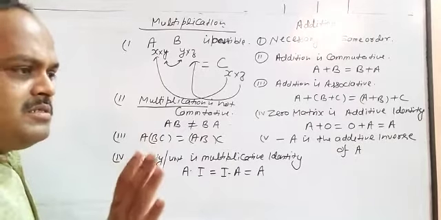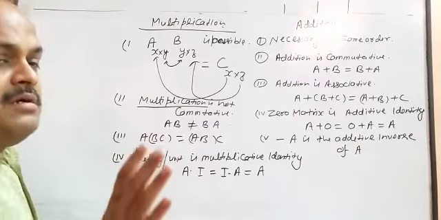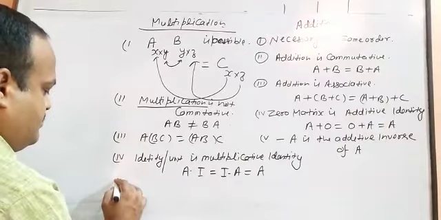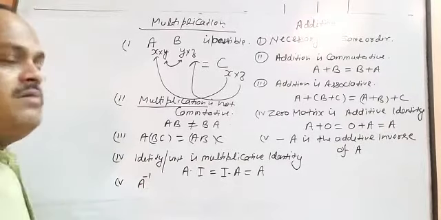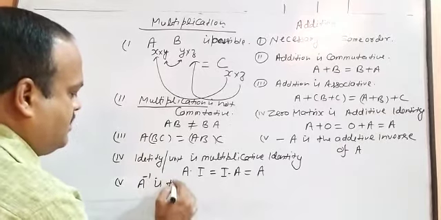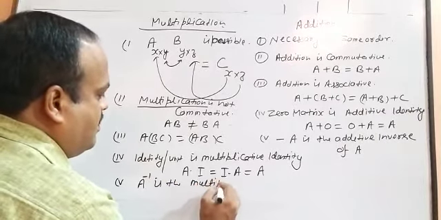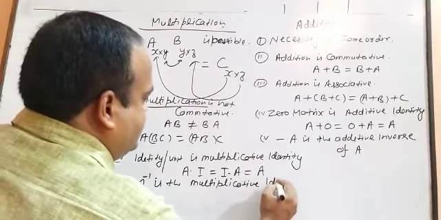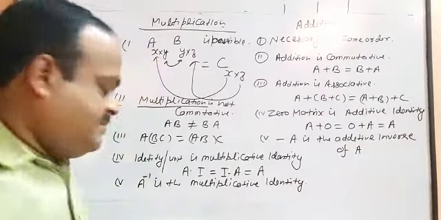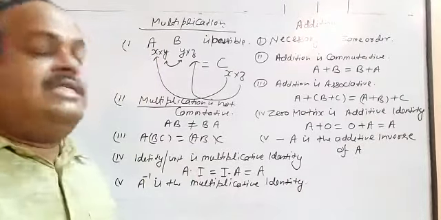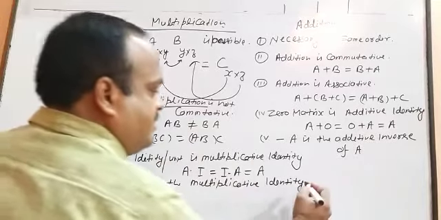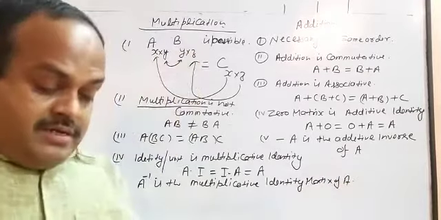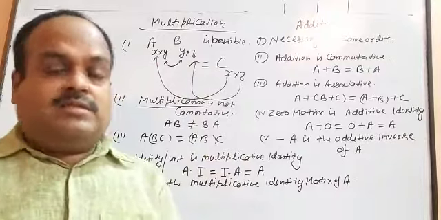Come to multiplicative inverse. It is not in your course, but I tell you, A inverse is the multiplicative inverse matrix of A. For every matrix, A inverse is not possible.